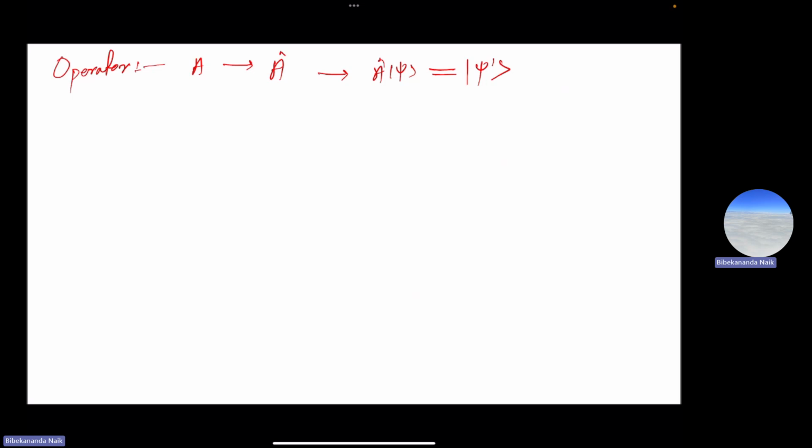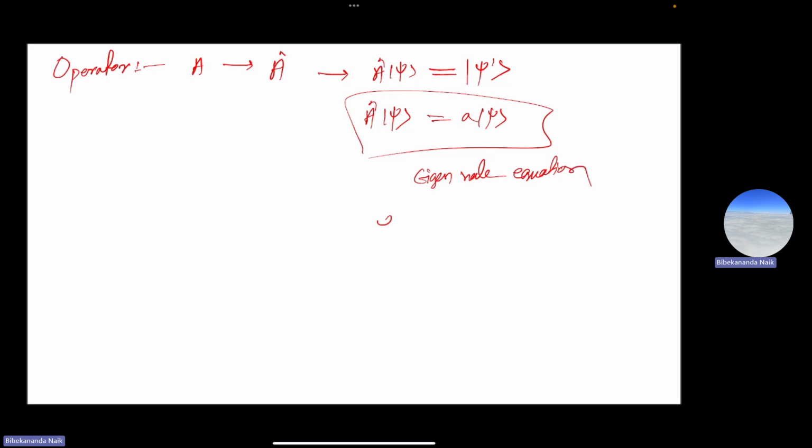The state can change or it may not change. When the state does not change, we can write A cap psi equals A psi. Then this is called an eigenvalue equation, where this psi is called an eigenstate of the operator A cap, and A is called the eigenvalue.